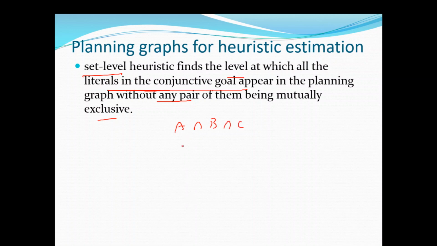The set level heuristic says that there should be some level where all these literals appear, A, B and C, or whatever the literals. At which level all these three things have appeared, that is called the set level.